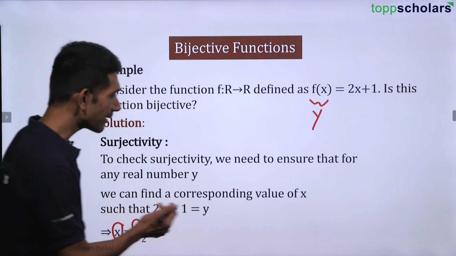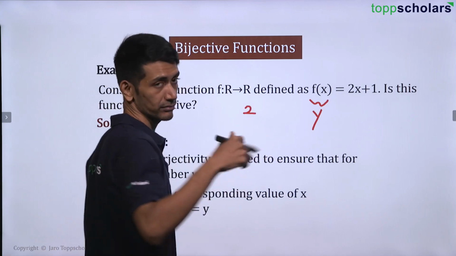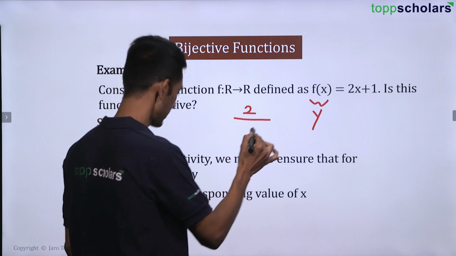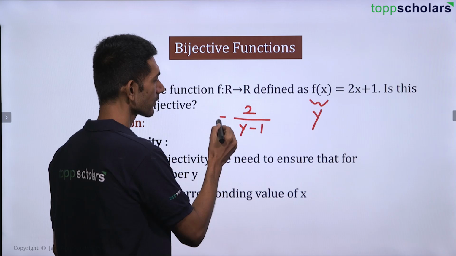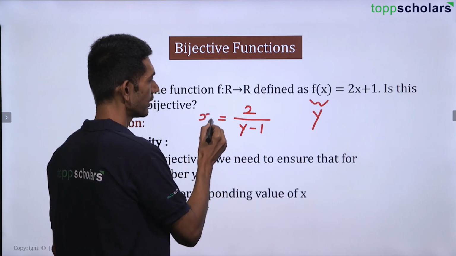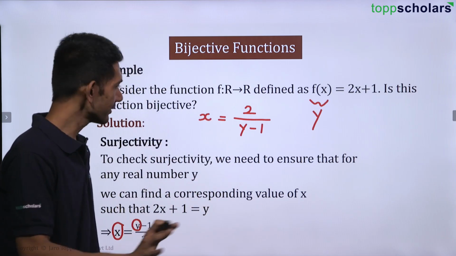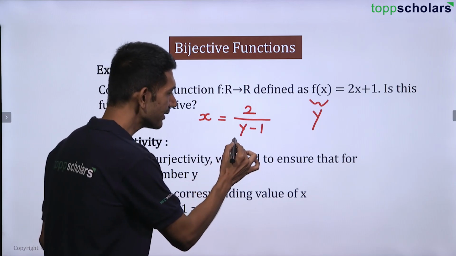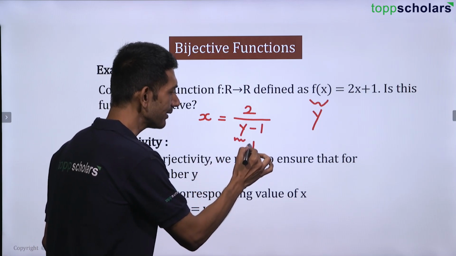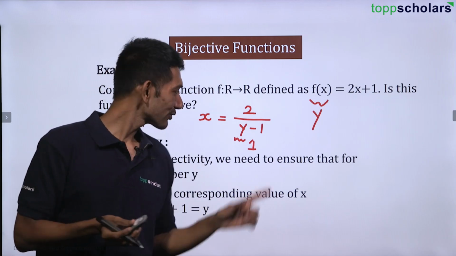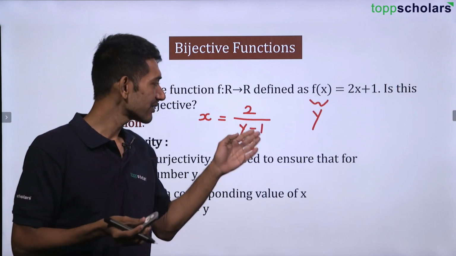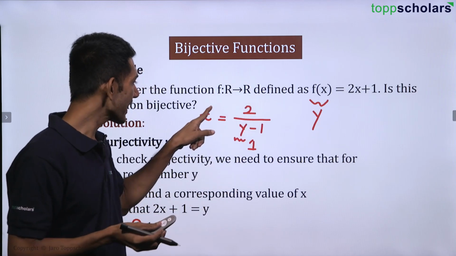If it was, I'm just giving you an example, 2 upon y minus 1, then for 1, you won't get a pre-image, right? Because 1 minus 1 is 0 and this will be not defined. So you will not get x.